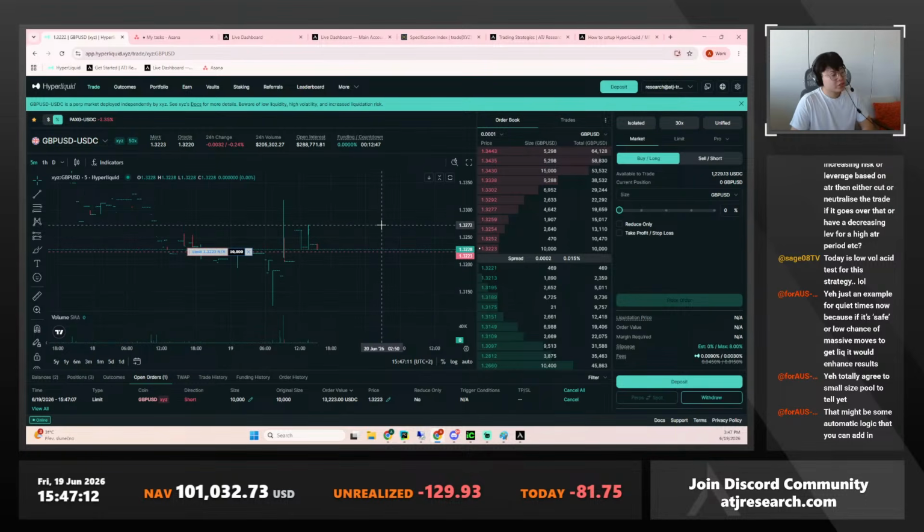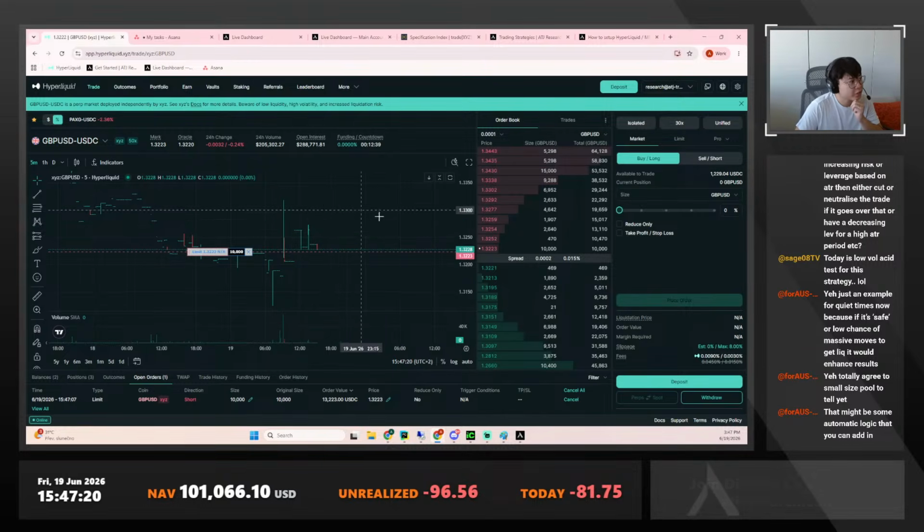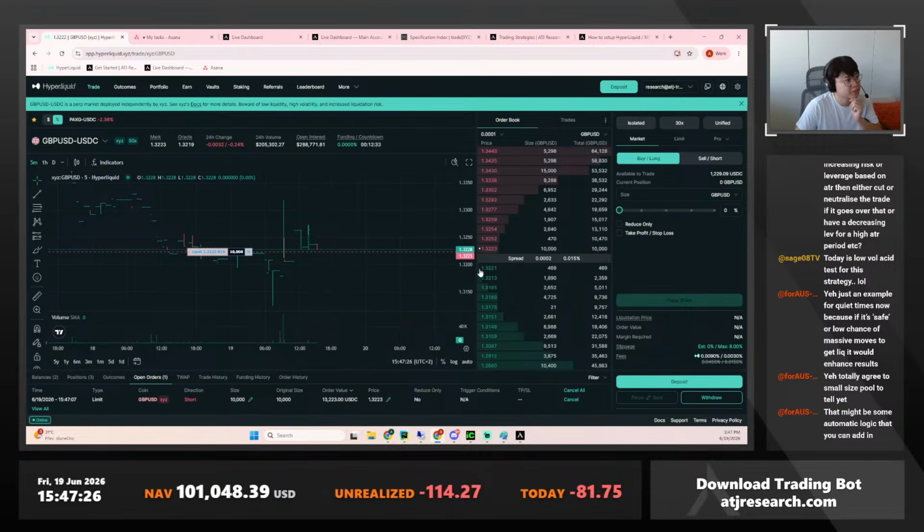But yeah, I think I'll have a good chance market making GBPUSD. Our trading bot is not a fully market making bot, because then I would also need to provide the bid and ask prices constantly. But I think I have a good shot.